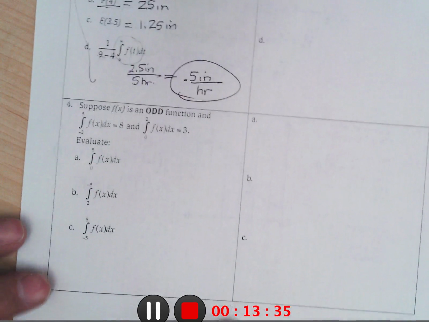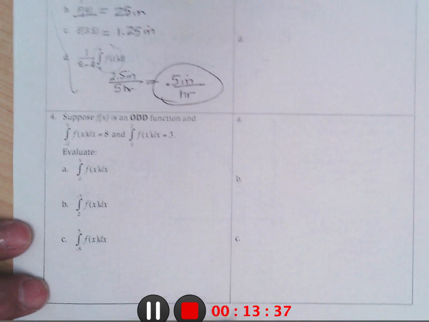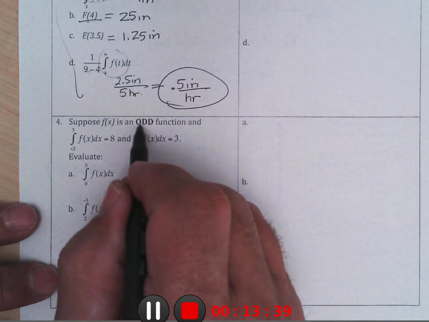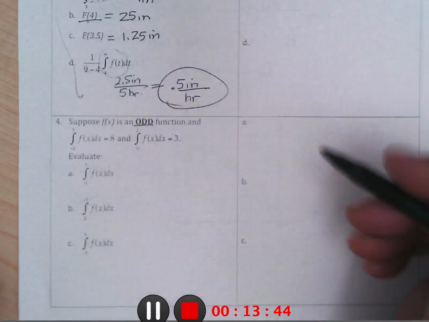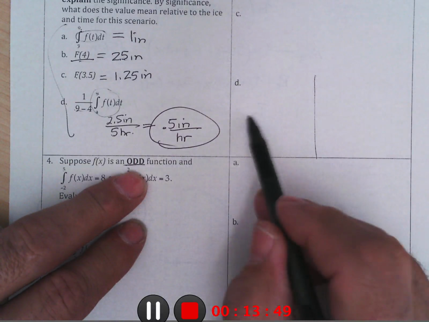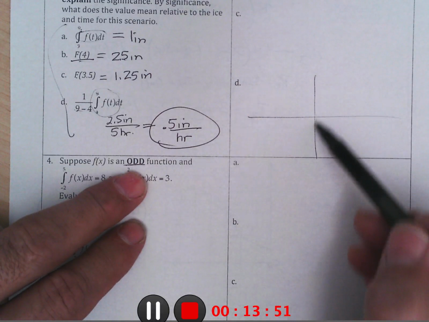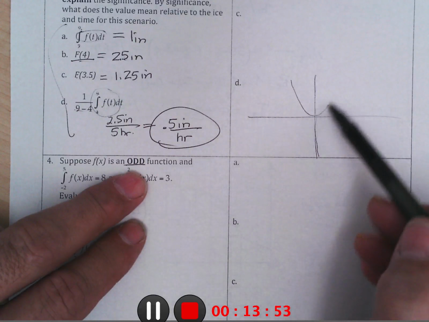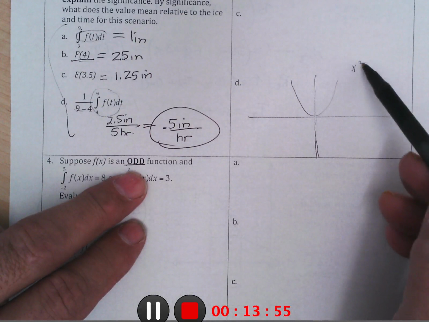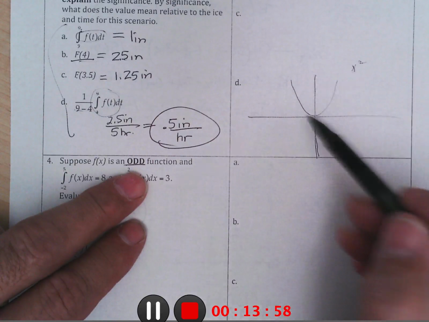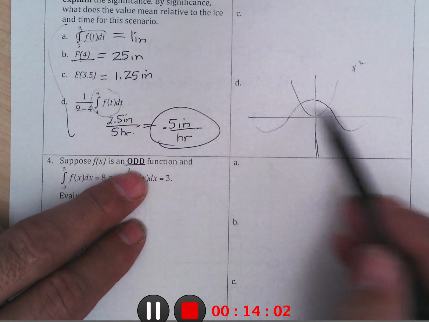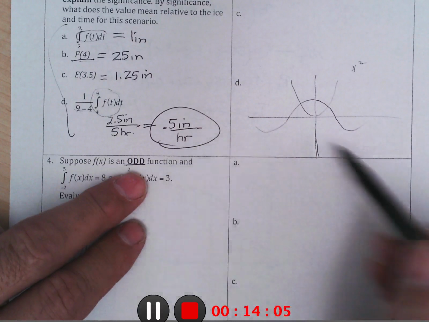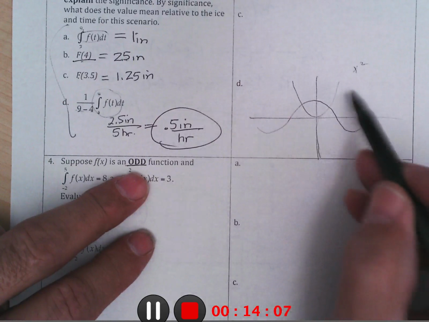I like number 4 too, because it requires us to know a little bit about even and odd functions. Now, an even function is one that is symmetric with the y-axis, like x squared, even power, or cosine x. It looks the same to the right as to the left, or x to the fourth, or absolute value of x.